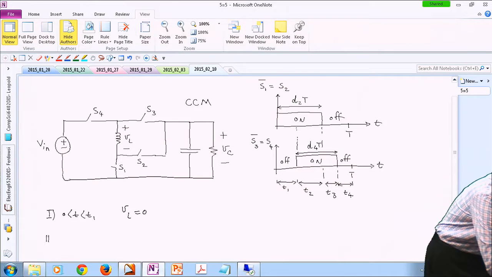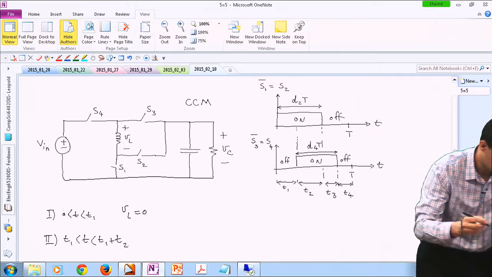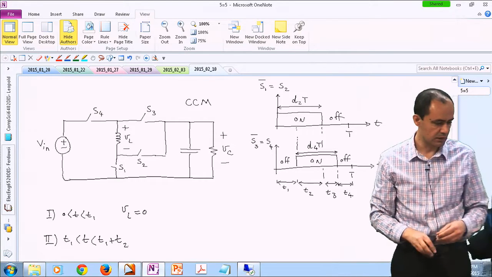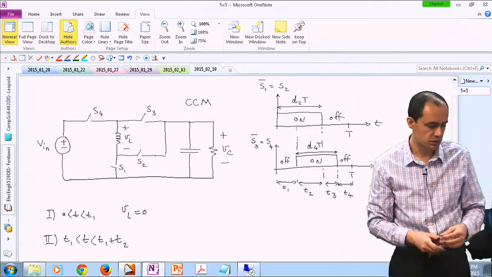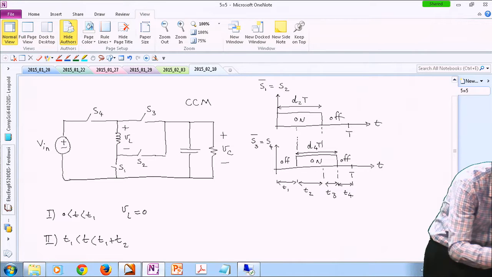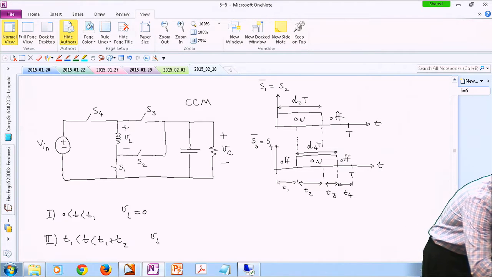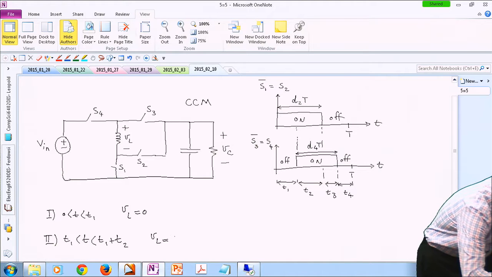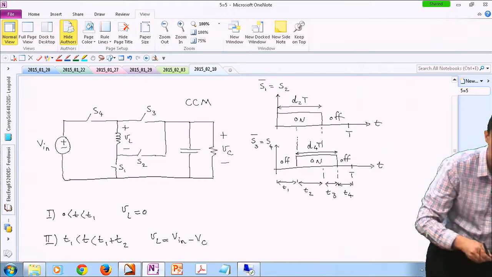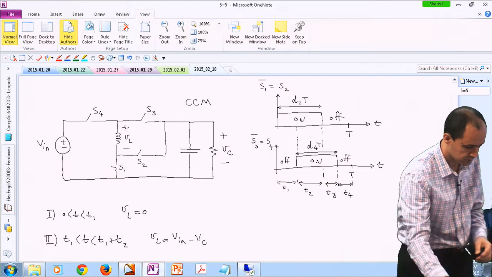Then mode number 2, which is happening in this time interval, and in that time interval, S2 is on and S4 is also on. So if you look at the trick that we were playing last time, the voltage drop across the inductor would be V in minus V out, or the output capacitor's voltage.